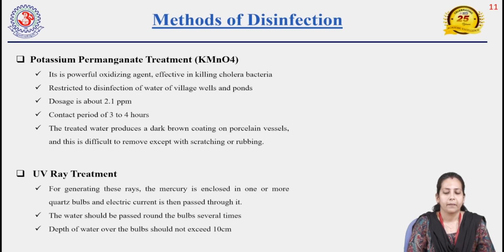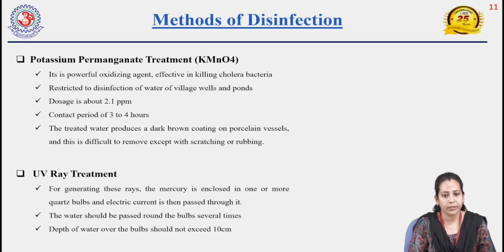Okay. Next is potassium permanganate treatment. It is a very powerful oxidizing agent, effective to kill cholera bacteria. So if there is any cholera outbreak or water disease, this is one of the best disinfectants, that is potassium permanganate.